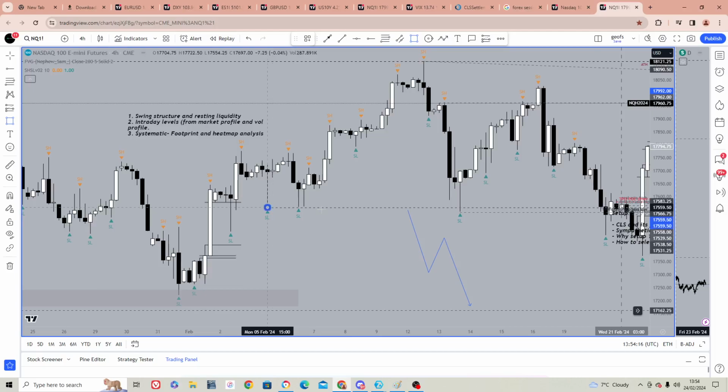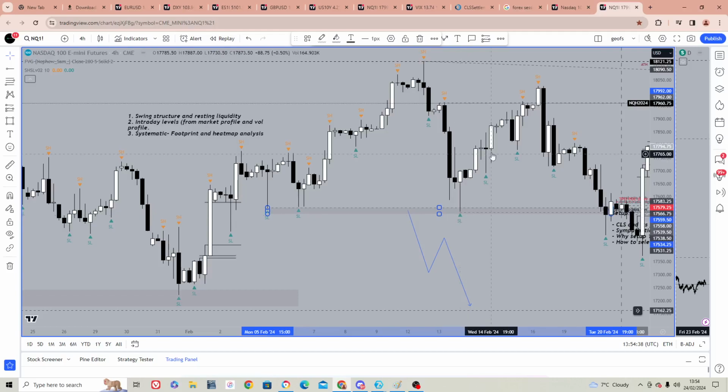So we have to be cognizant of manipulation of those traders who want to trade turtle soup. Just because we've made a movement below this daily swing low doesn't automatically mean we're turning bullish.